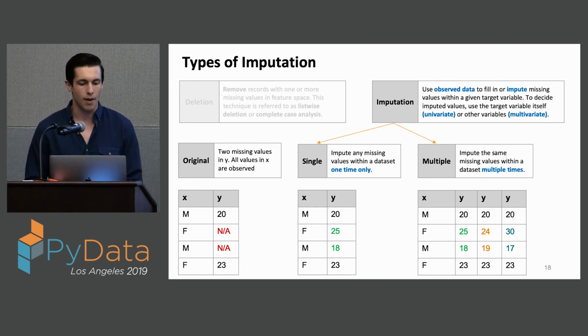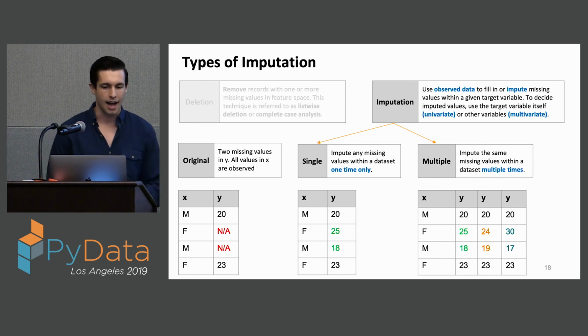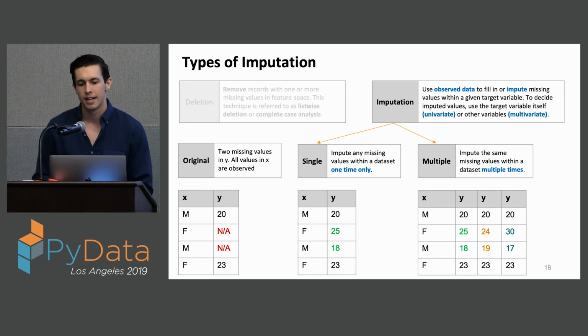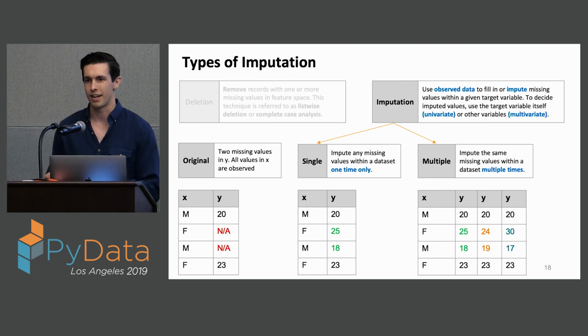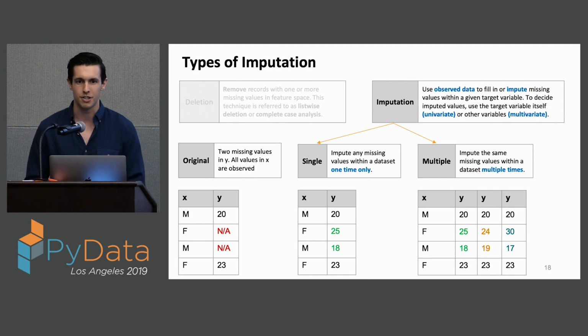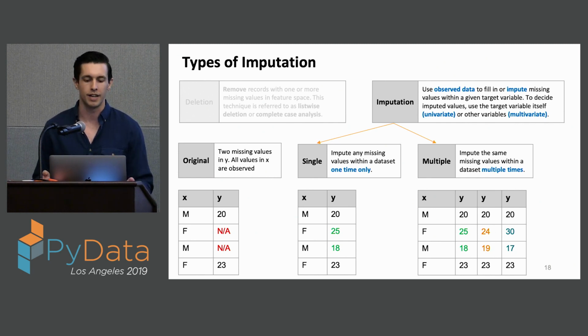Why we would do this might seem counterintuitive at first, but it's important to remember here that missing values themselves are unknown, right? So because they're unknown, we're not trying to find point estimates for them. We're not trying to find perfect values for them. We're trying to capture the fact that we don't know the true value, right? So multiple imputation helps us capture the variability when imputing values that we don't actually know, right?